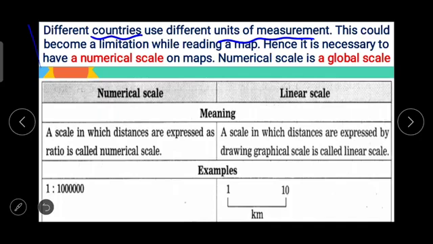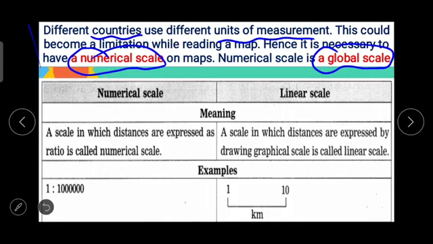So this could become a limitation while reading a map, because if we use one set of measurements here and another country measures in other units, and people travel from here to there or come here, when people read the map it will create confusion. The exact place and exact distance will not be known, because of the difference in the units of measurement. So to solve this problem, it is necessary to have a numerical scale on maps, and the numerical scale is a global scale which is worldwide accepted, so that maps can be understood everywhere in the world.